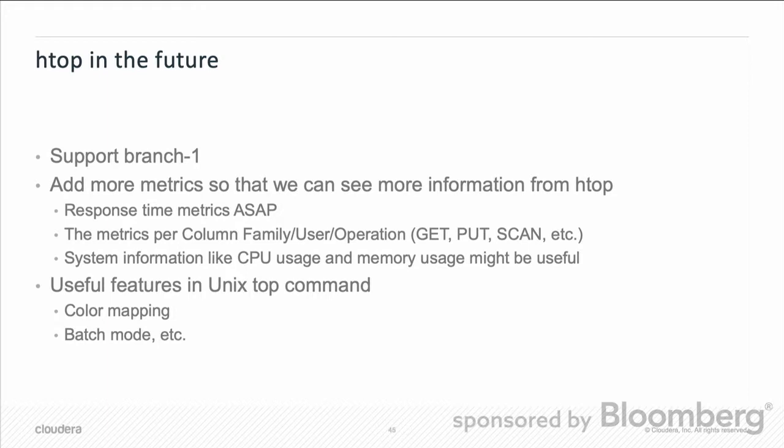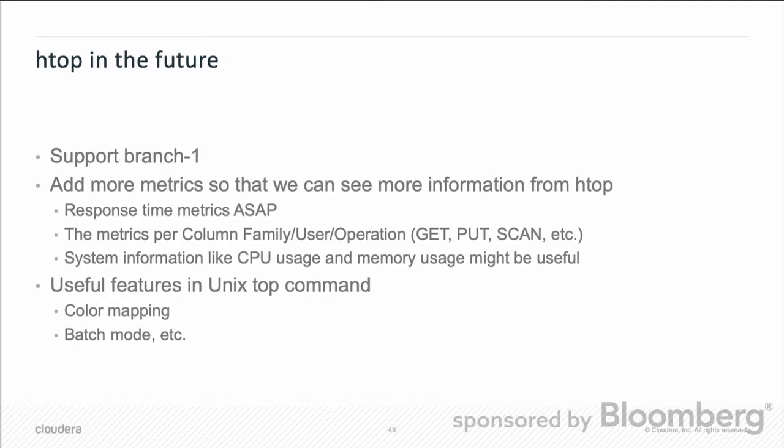And htop in the future. Currently, I'm developing this tool for the master branch and branch-2. So as a next step, we need to support branch-1. And we should add more metrics so that we can see more information from htop. Especially adding response time metrics is required because they are very important for performance troubleshooting.